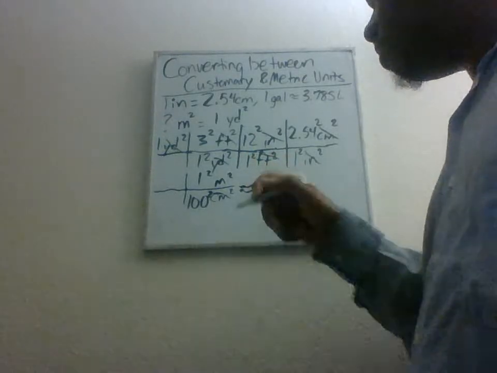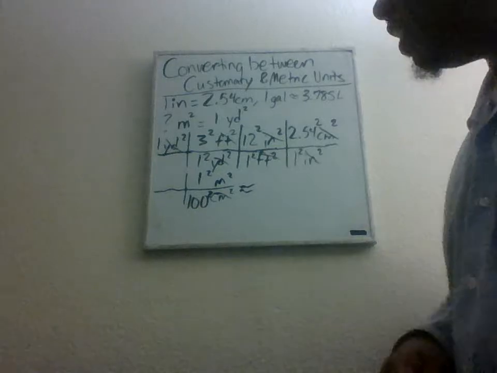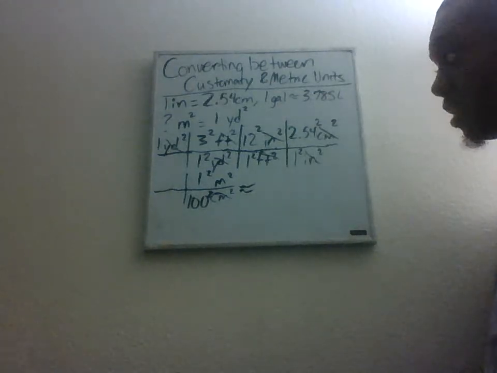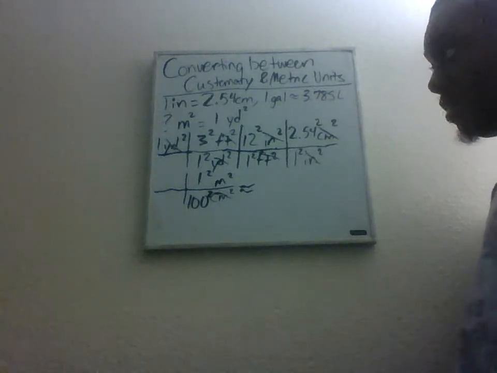And so this would be approximately, well, let's find out. If I take 1 times 3 squared, that's 9. And then 9 times 12 squared. And then we multiply that times 2.54 squared. And we multiply that times 1 squared.